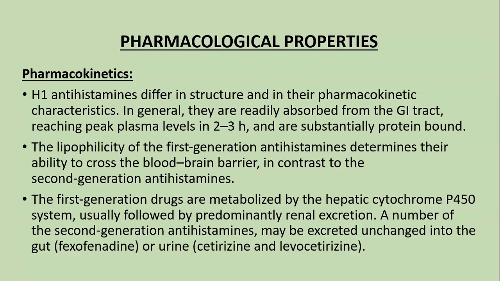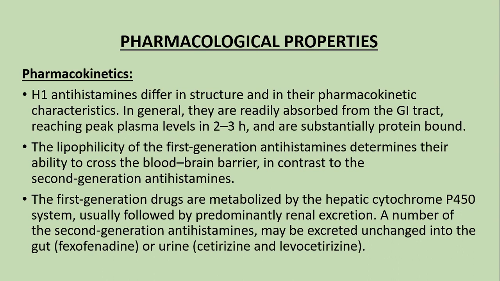Pharmacological properties, the pharmacokinetics. H1 antihistamines differ in structure and in their pharmacokinetic characteristics. In general, they are readily absorbed from the GI tract, reaching peak plasma level in 2 to 3 hours, and are substantially protein bound.